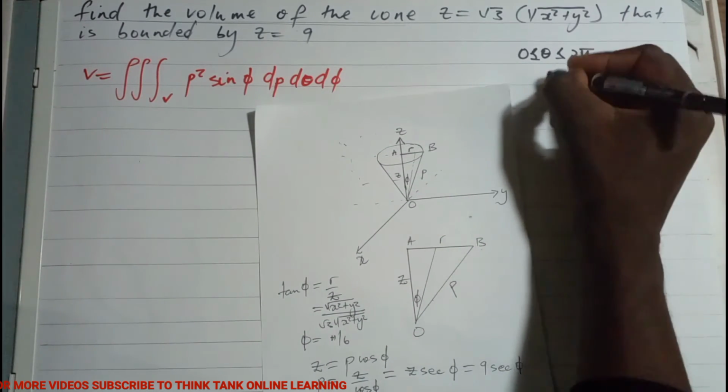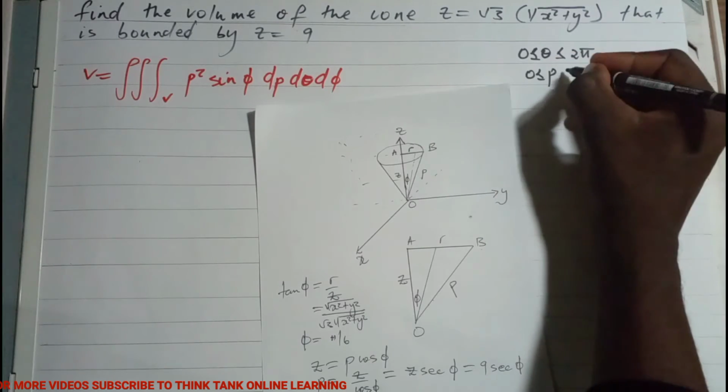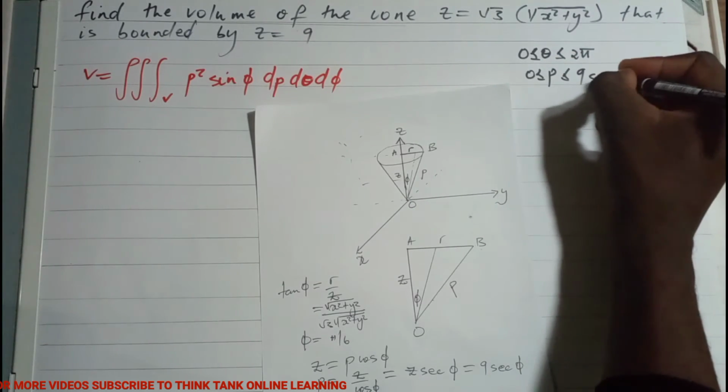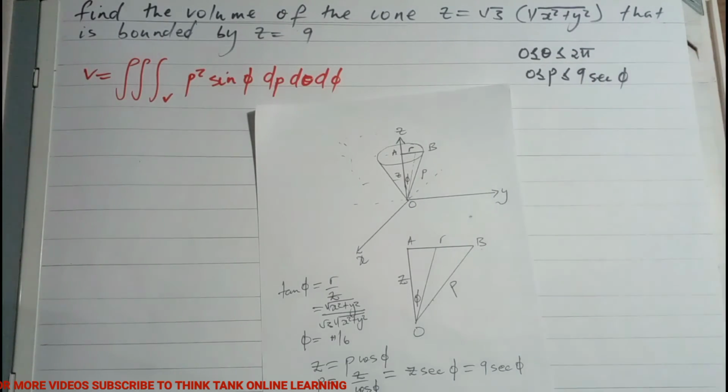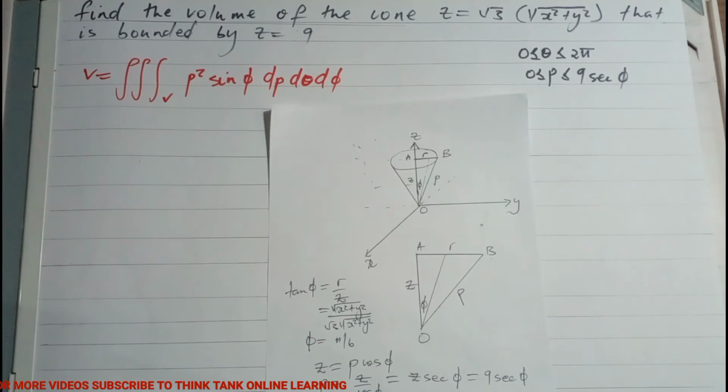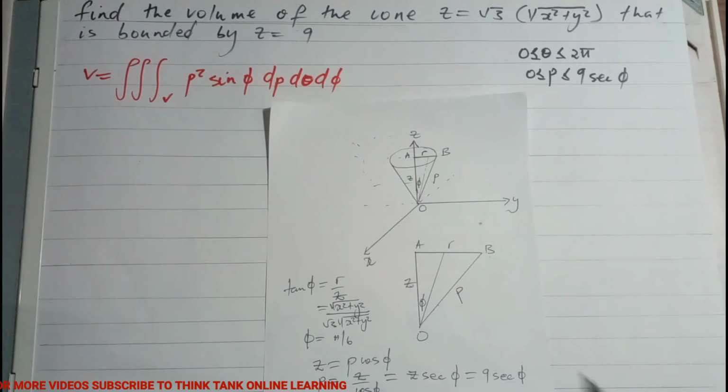We have rho ranges from 0 to 9 sec phi. You can't just substitute rho equals 9 sec phi and say sec pi upon 6. No, rho is going to vary.